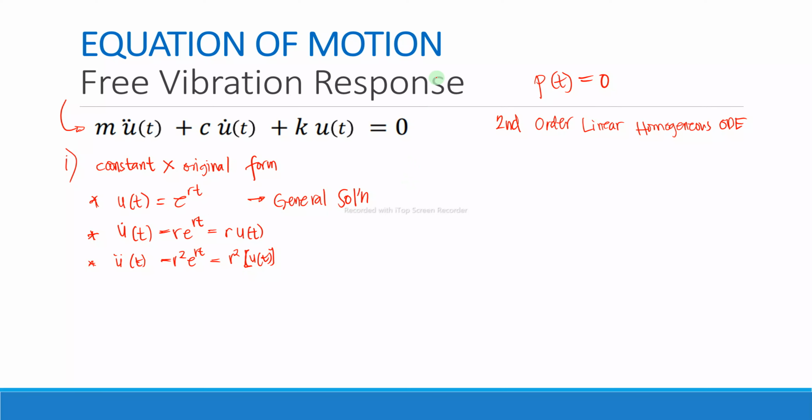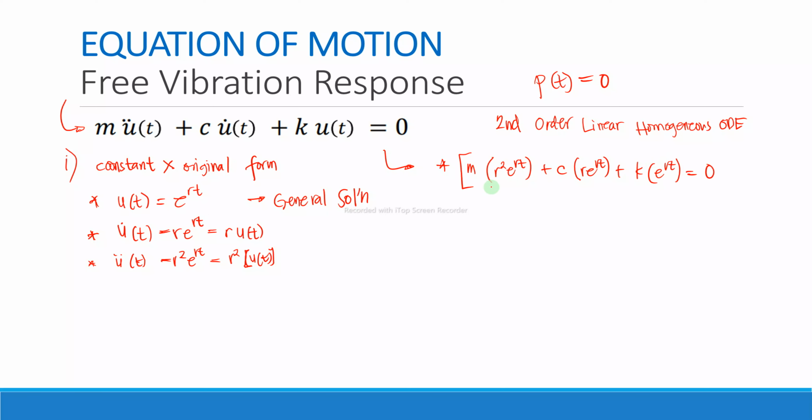Now, if we substitute this general solution into the existing governing equation of motion, the equation of motion will look like this. We have the mass times r squared e to the rt plus c times r e to the rt plus k times e to the rt is equal to 0.